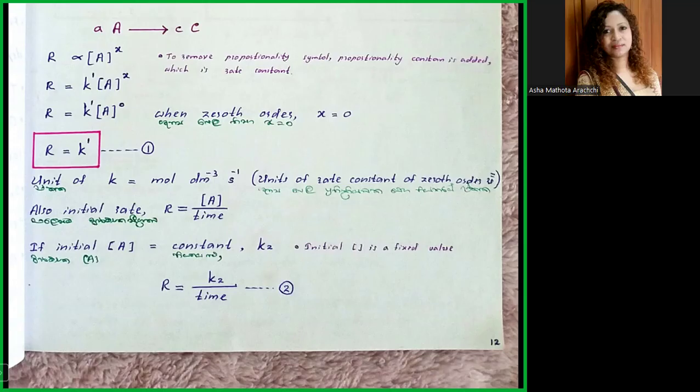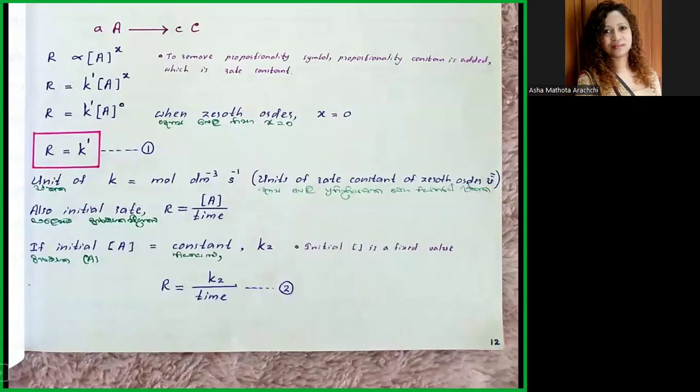Then zero order. We got the rate expression. Rate is proportional to concentration to the power x. But x equals what? For zero order, x equals 0. Any number to the power 0 equals 1. So this is 1. So r equals k times 1, so r equals k.